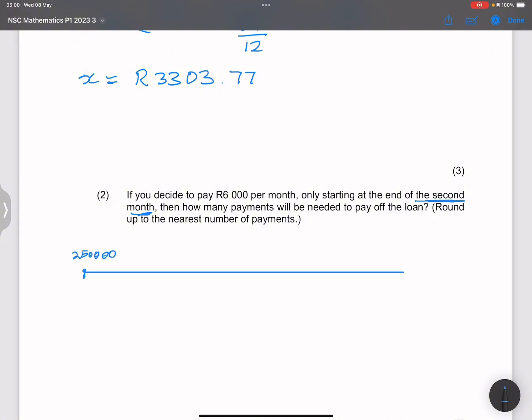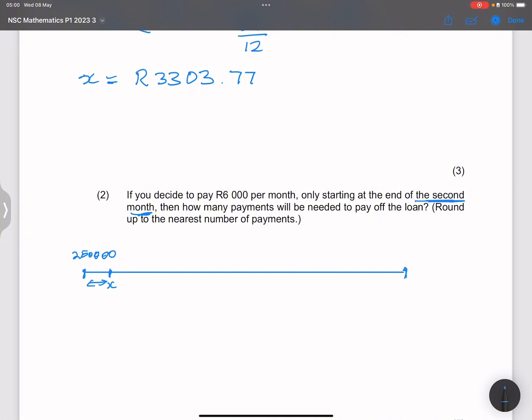In the first month, this is where we were supposed to start paying, and it would just be a normal pattern. Remember, whenever you take a loan, there's usually this gap between when you take the loan and the payment.